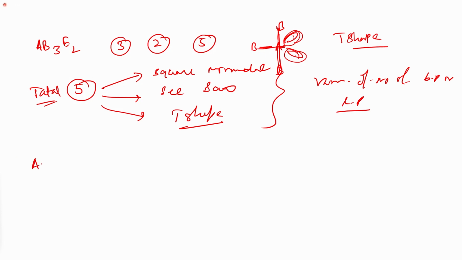Another thing, if you see AB4E2, that means 4 bond pairs, 2 lone pairs, so total is 6.